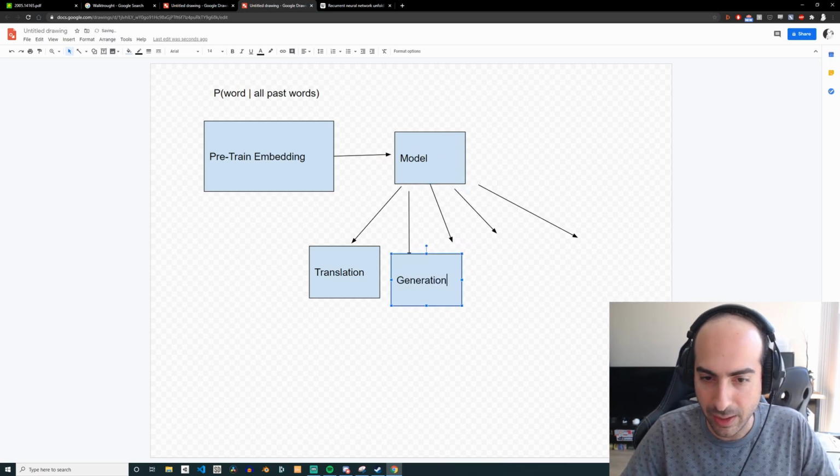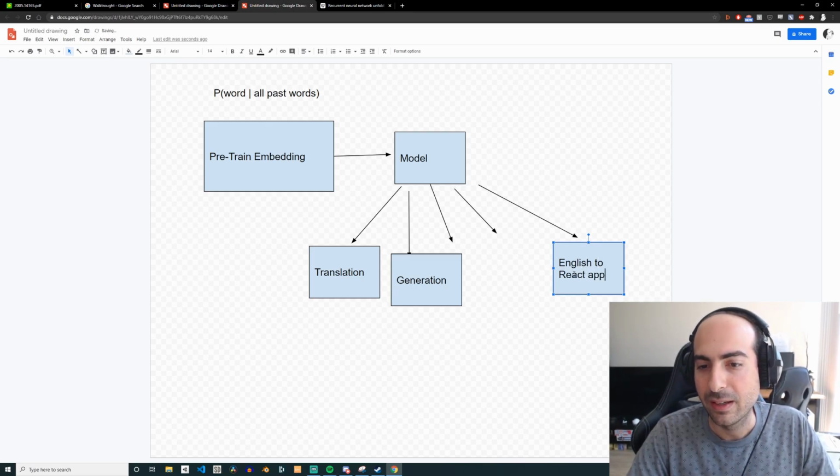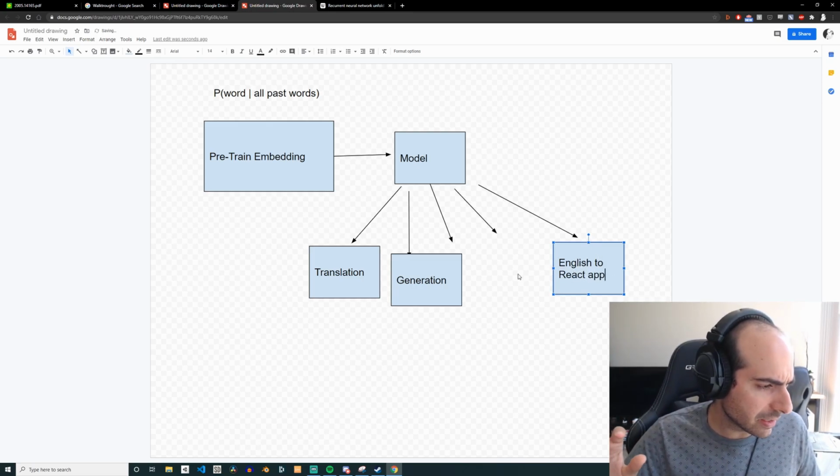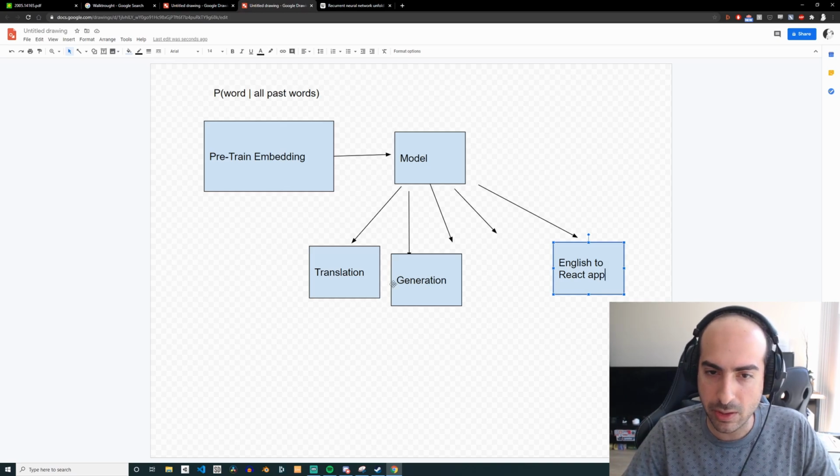Or you could say, I want to turn English into a React app, etc. You could think of a whole bunch of tasks like this. But none of this is magic. Like in any supervised learning task, you would still need to have input data and output data that maps to it, and then you can train something that works here.